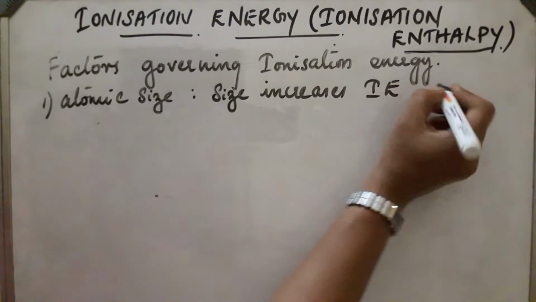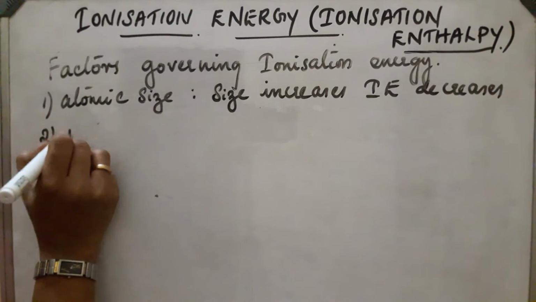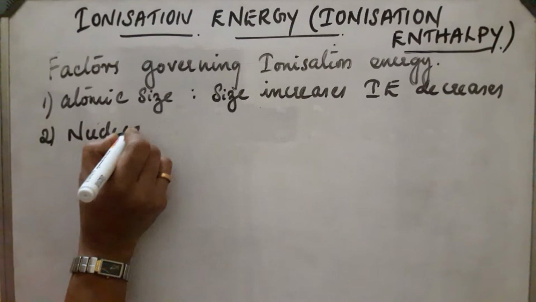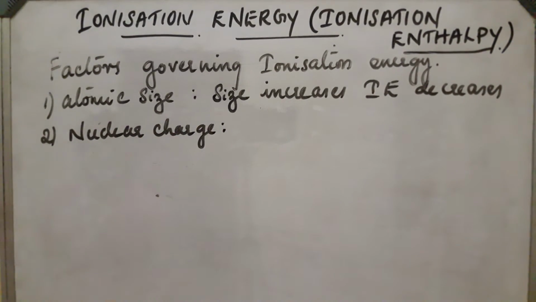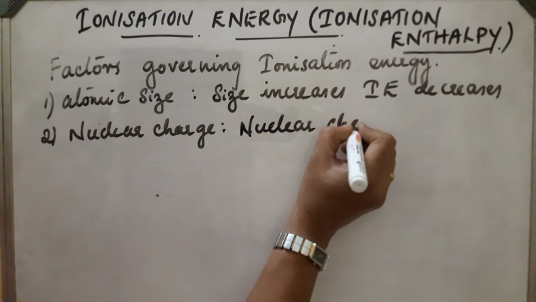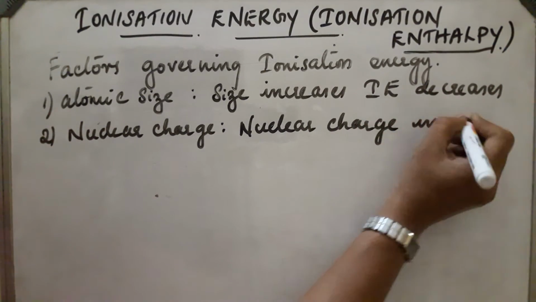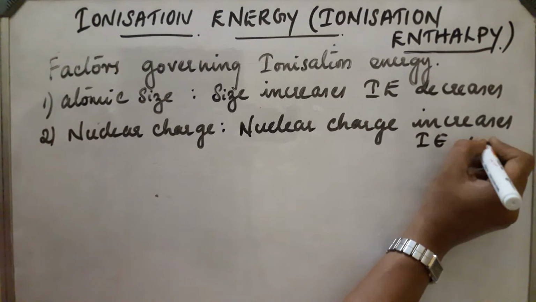Second point, nuclear charge. As the nuclear charge increases, the electrons are more tightly held to the nucleus, so it is very difficult to remove the outermost electron. So ionization energy increases.